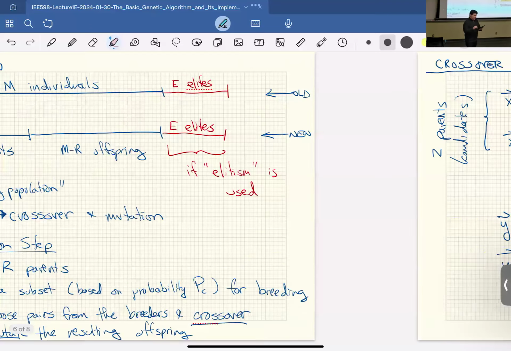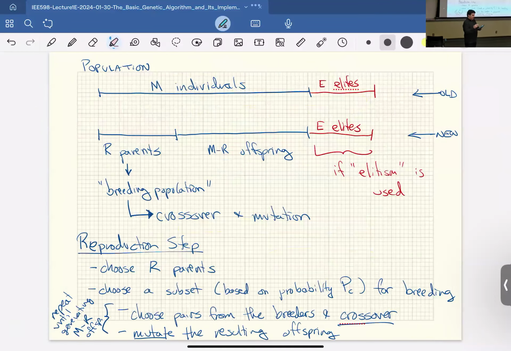Well, yes, absolutely. The R parents are basically copies from the original generation. If they maintain high fitness in the new generation, they'll be very likely to be put back into the parent population. So they may or may not actually be selected for reproduction.